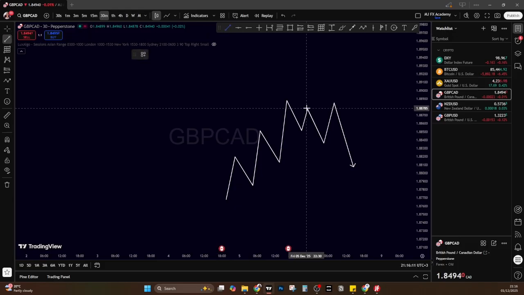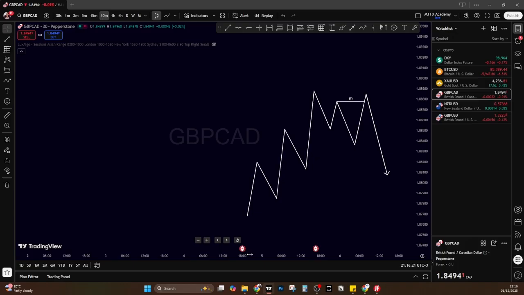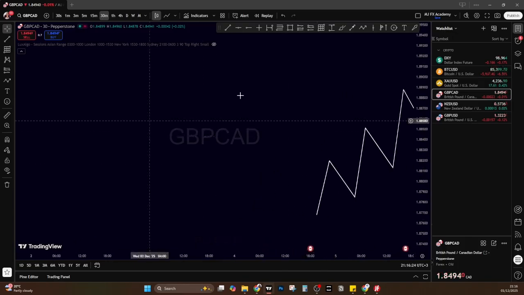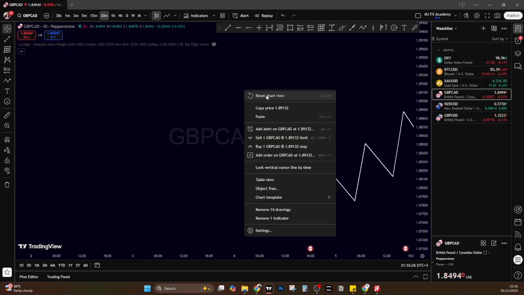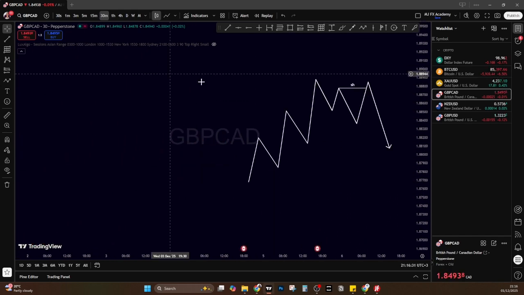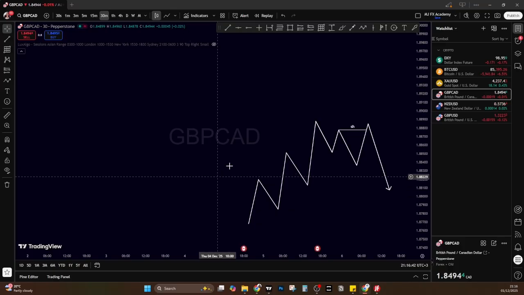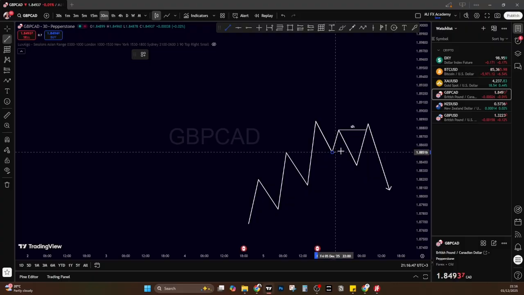Now this is what we call a stop hunt, or a QML level. Now what is a stop hunt? Now remember, most traders are price chasers. So when traders saw that this market broke structure here, you see there's a break of market structure here.